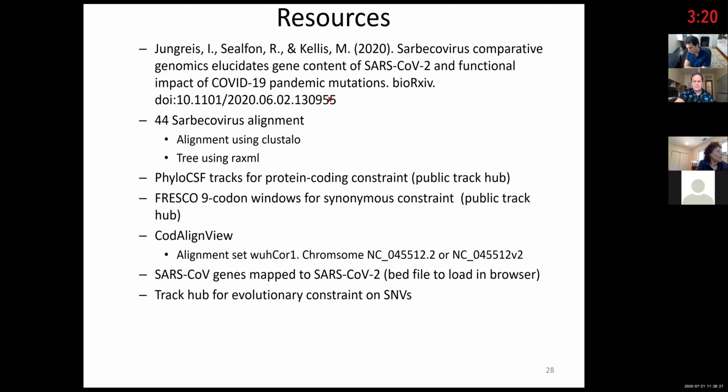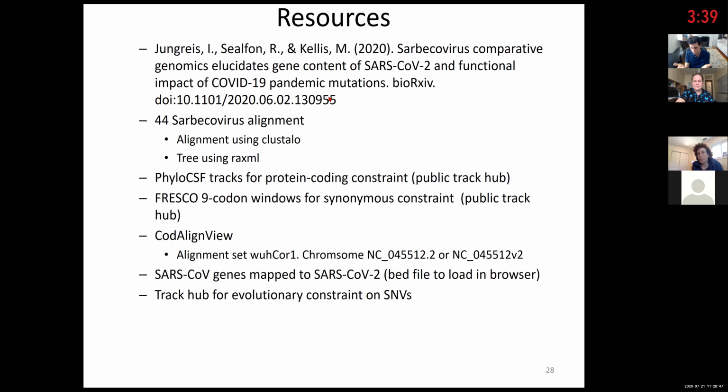But Tom, something that you would be very interested in is the fact that there are a lot of these synonymous constrained nucleotides that are likely overlapping non-coding functional regions, and that are overlapping additional RNA structures.